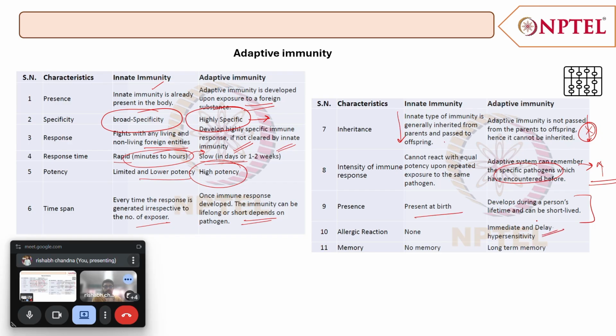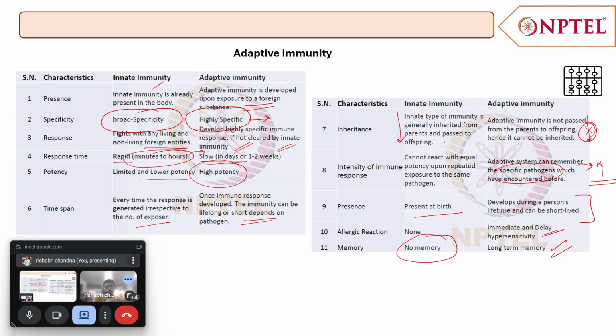In terms of memory, the innate immunity develops no memory, but the adaptive immunity has long term memory. If you encountered any microbes in your childhood, you will develop immunity, and if you encounter them again after some time, the immunity will be developed and you will be saved from that infection.